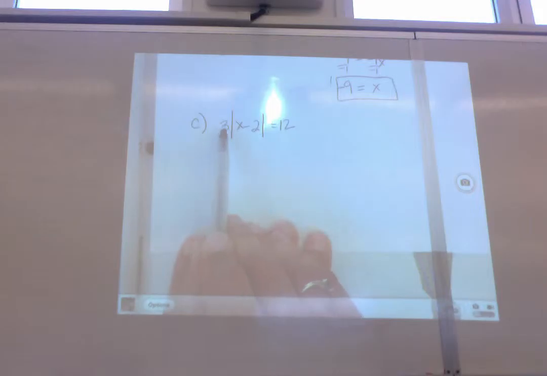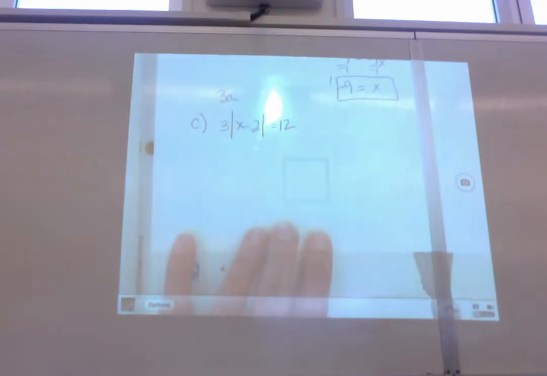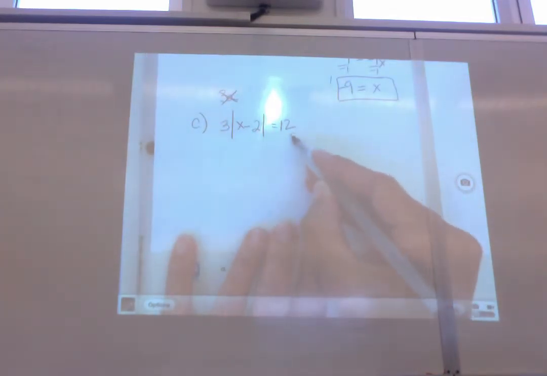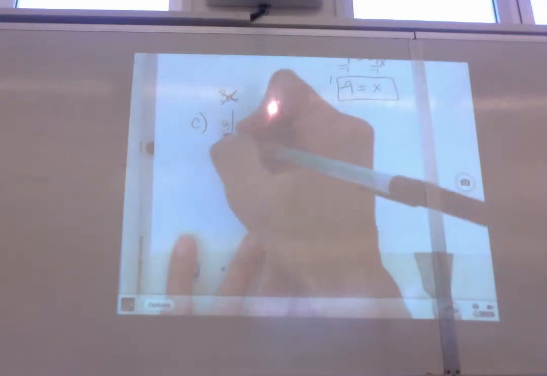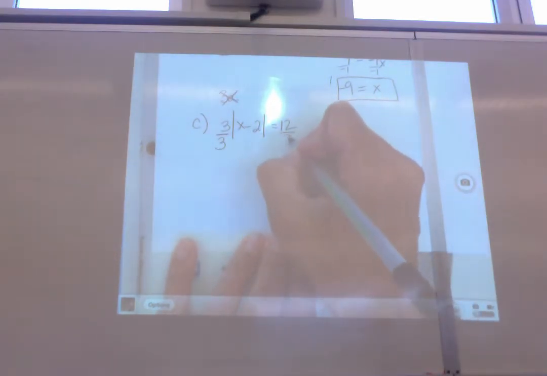Multiplication. So when you have a number sitting right next to something, it's just like 3a. If I have a 3 in front of a variable, that's 3 times a. This is 3 times the absolute value. And how do I reverse multiplication? Divide. Divide by 3.